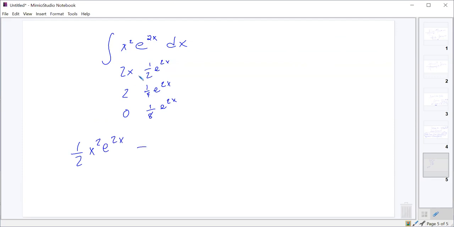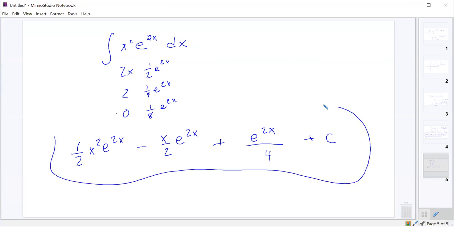So minus and then it becomes x over 2 e to the 2x. And then we take the next two terms and add them, so plus just e to the 2x over 4. And then we're at the end, we get to the 0, so we're done, plus a c. And so this is tabular integration.